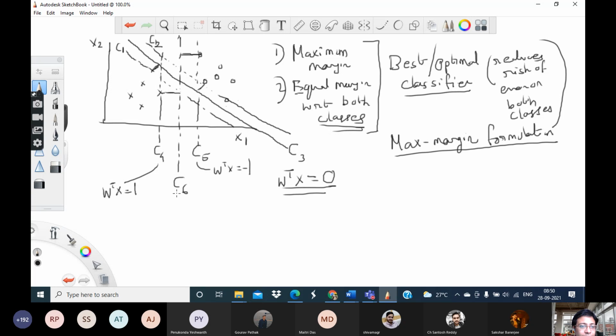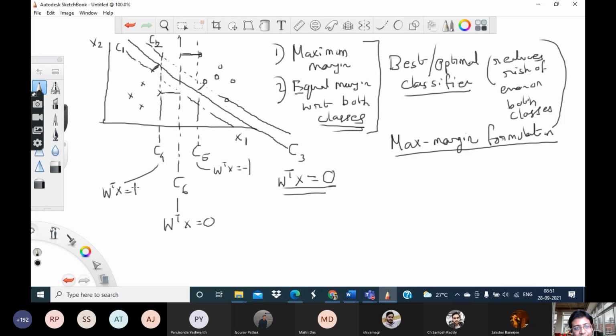Now obviously, if W transpose x equal to 1 is the equation of C4 and W transpose x equal to -1 is the equation for C5, then the equation of C6 will have to be W transpose x equal to 0. The way C4 and C5 are defined, they are obviously parallel to each other, because both are W transpose x equal to something.